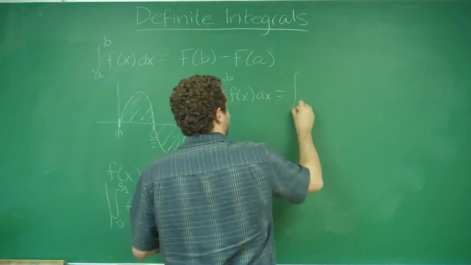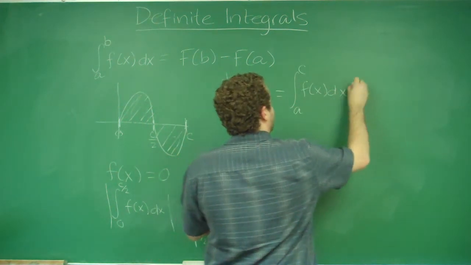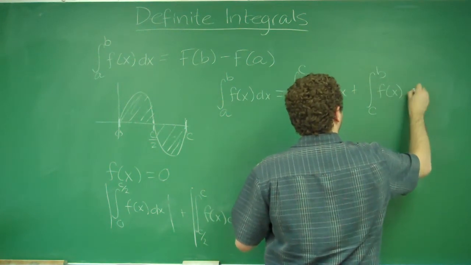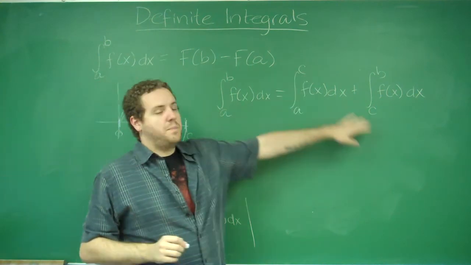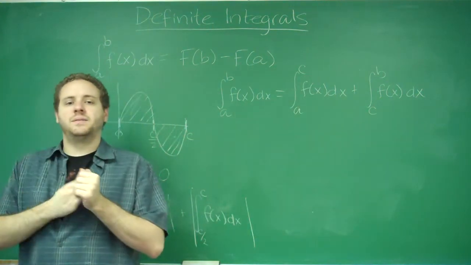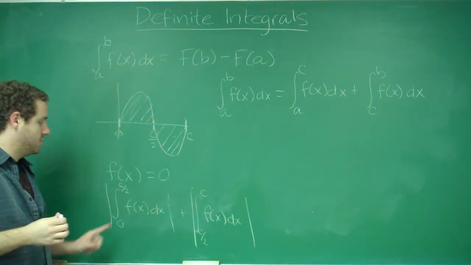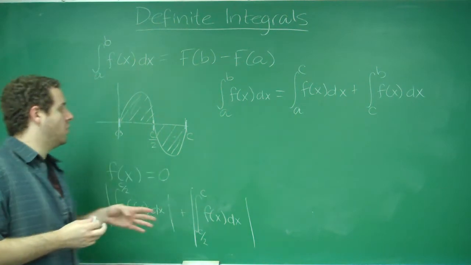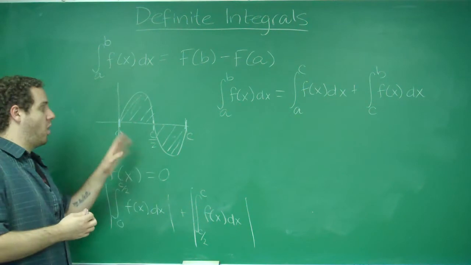So if you went from a to c, and then from c to b. If you stop anywhere in between a and b and add them together, you get the same as if you did the entire thing. However, this is different because we're doing absolute value, because we want the actual total area, and we don't want the parts under the axis to count as negative.